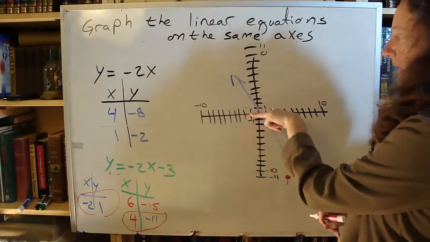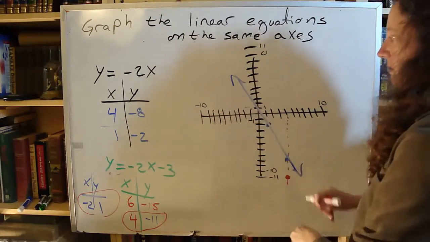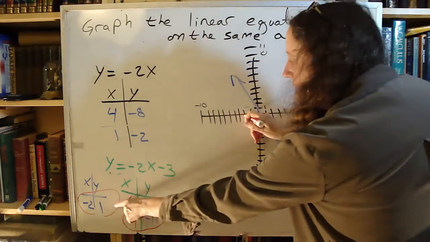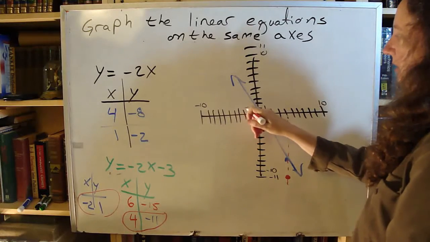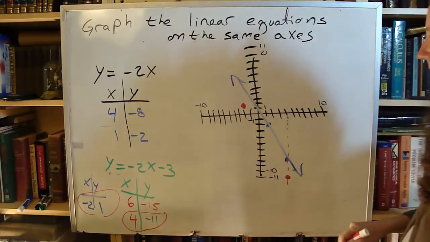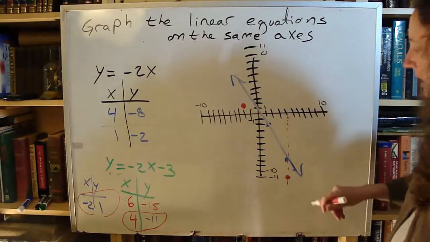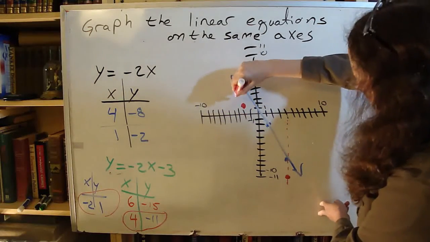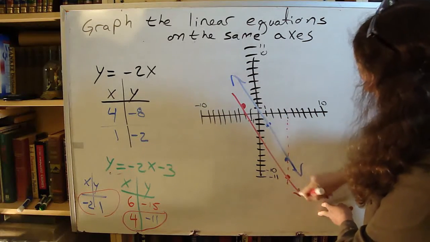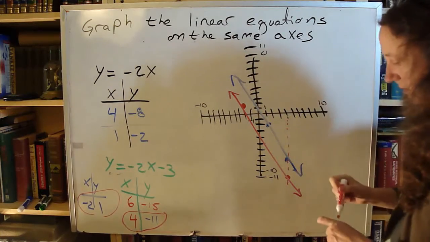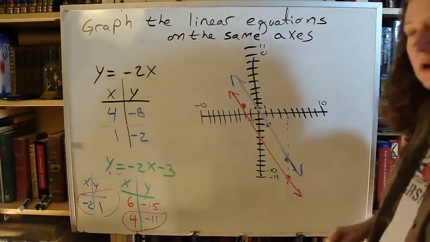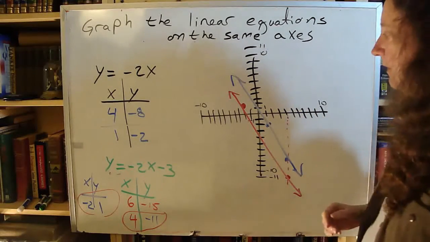So I'm going in my negative x direction. 1, 2. And from there I'm going up 1 in my positive y direction. So that's going to be right there. Now I have to draw my line. So now I've graphed both equations.